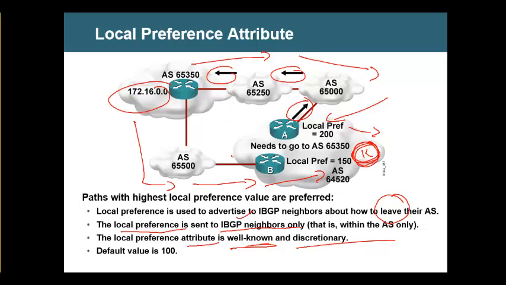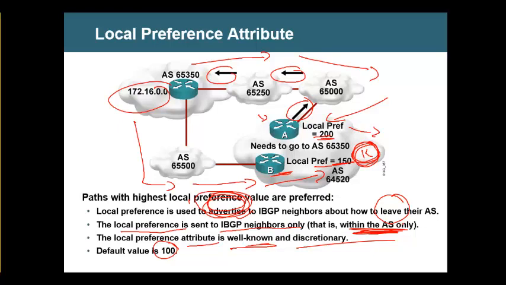So what you can do, you can go to this router A and set a high number. See, default is 100. You set anything bigger. See, in B they have set 150. So when you set 200, which is bigger than 150, all routers will know this because it is advertised to every router within the AS.